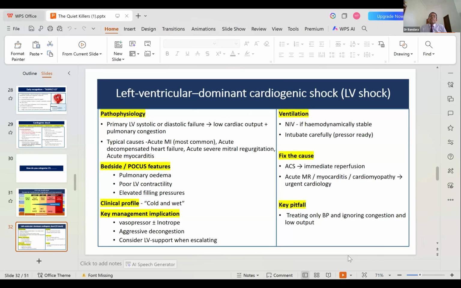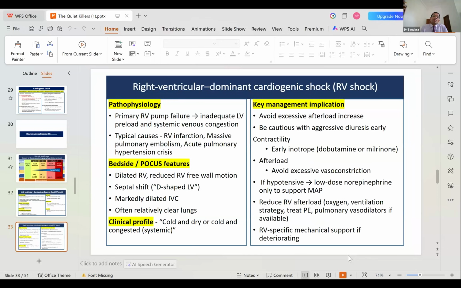If the patient is right ventricular dominant, the patient is having right ventricular pump failure, so you have inadequate left ventricular preload. Usually the causes are right ventricular infarction, massive PE, and acute pulmonary hypertension crisis. These are the pathophysiology behind right ventricular dominant cardiogenic shock.